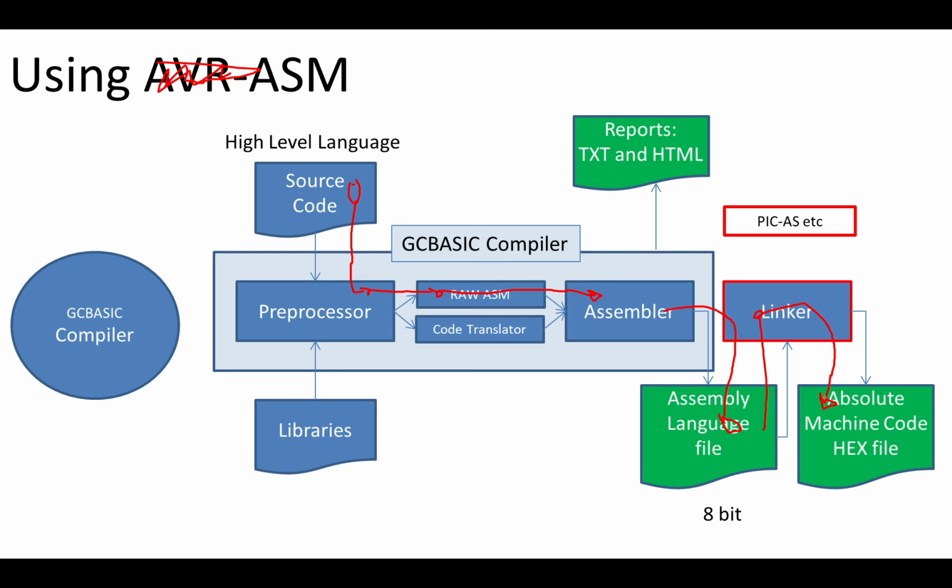But why are there two boxes there? Because you can take advantage of the old Great Cow Basic and the new GCBASIC compiler, and you can pre-process it, and it will go through the code translator, and you can use the libraries. So you can have a lot of assembler and then use the library.